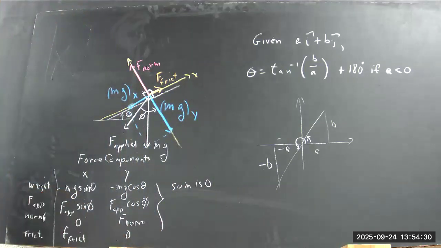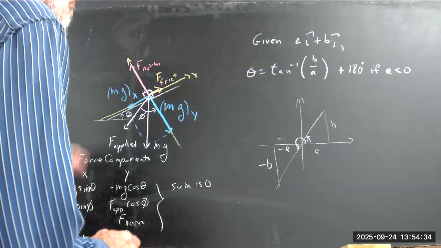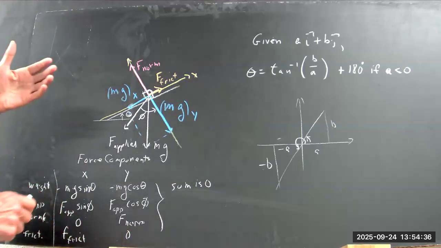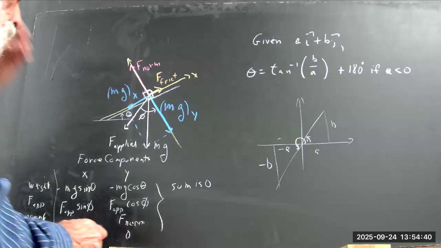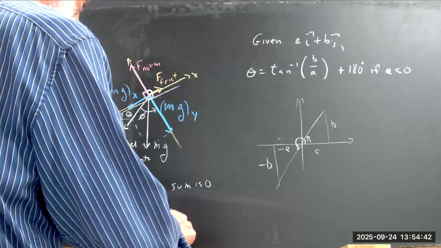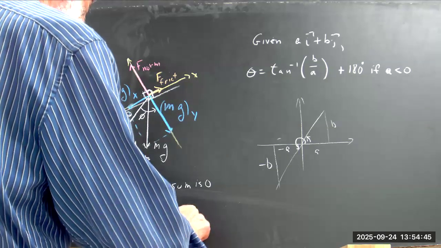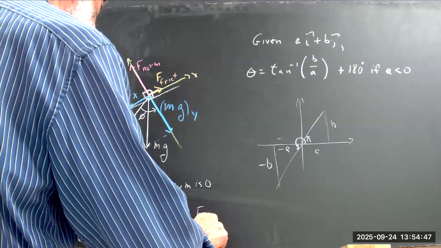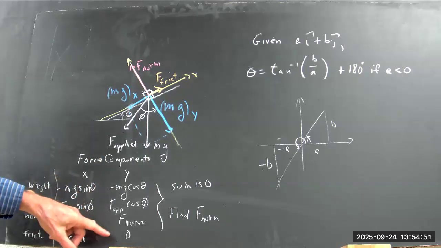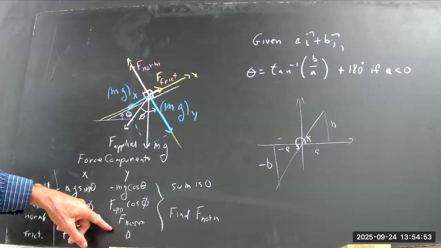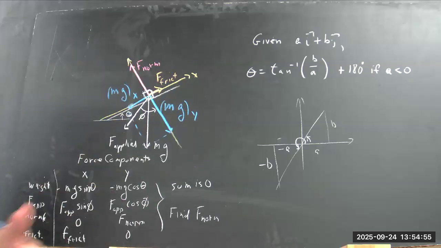Sum of all these forces is 0. If you're given M and theta and the magnitude of the applied force, you just write out whatever the number is for this, and just F norm for this, add them up, you get 0, and then solve for F norm.